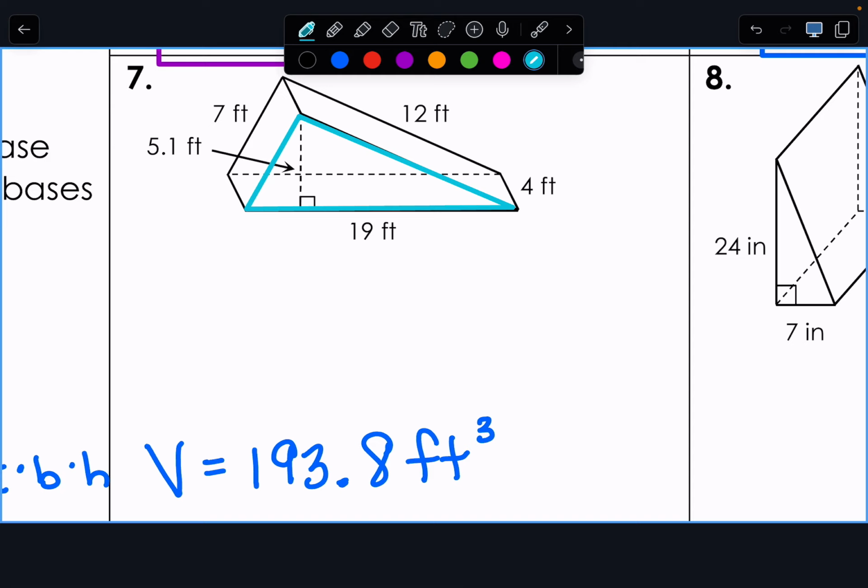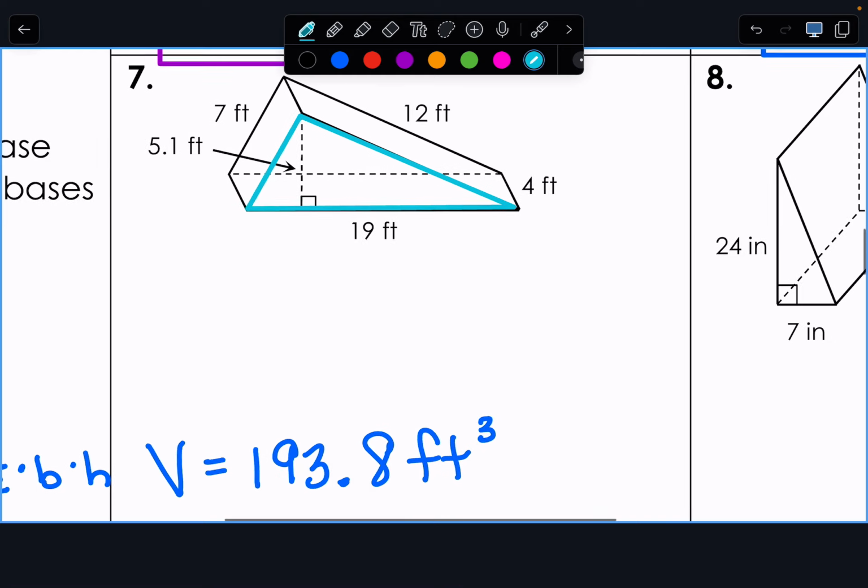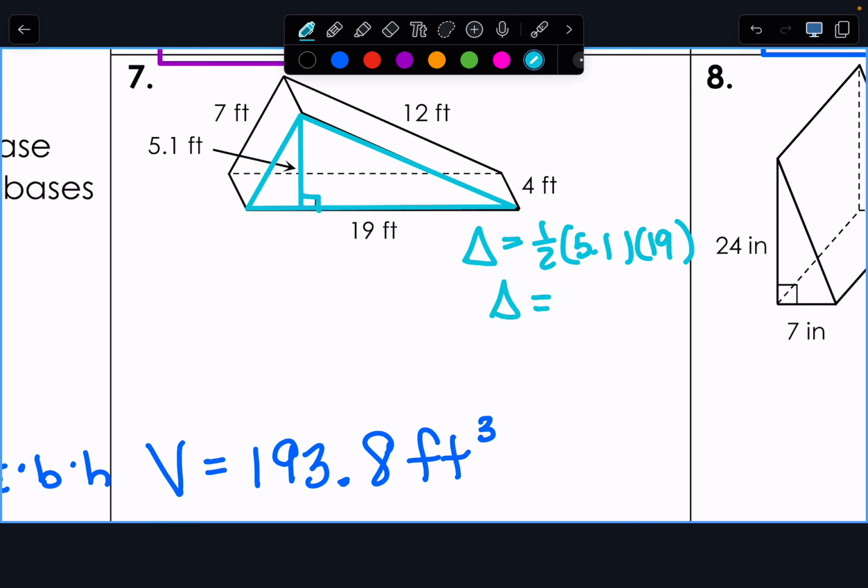Okay, here's our triangle. If I want the area of this triangle, which 2 dimensions do we need to multiply? 5.1 and 19. So when we do that, we get, what was the number that you got? 40.45?